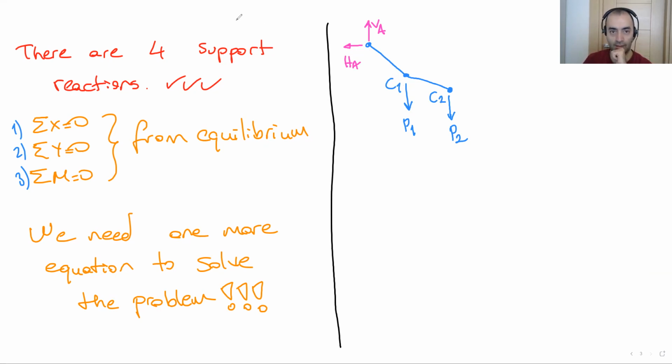Okay, I know regarding the C2, I know the vertical distance from the point A. I know this one. That's why I cut the system from C2.